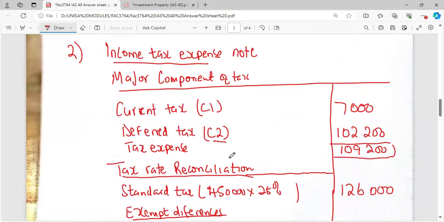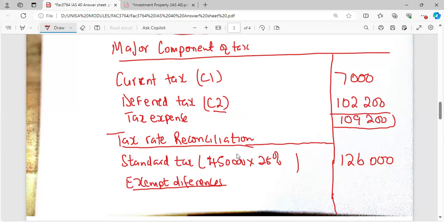That is going to be our exempt difference, which is the fair value adjustment, 60,000 times 28%. The same way we treat this when we're doing the current tax is how we are going to treat it here.